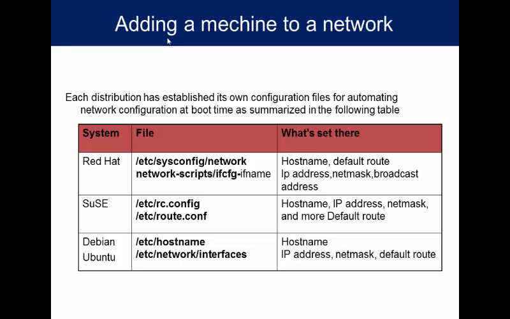Okay, adding a machine to the network, depending upon the systems. Where are we? We are in the third row. So ours is in /etc. In the directory /etc, there is a hostname file.